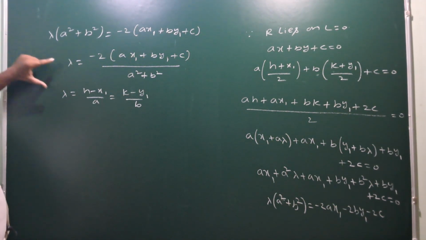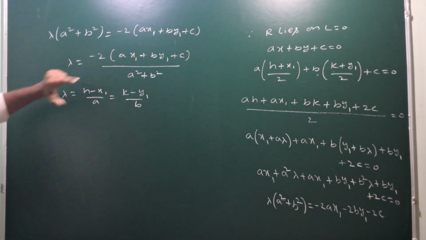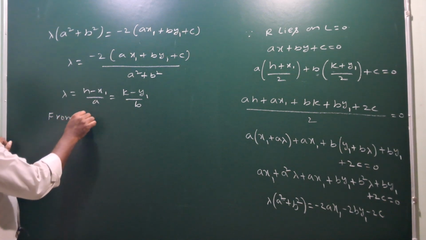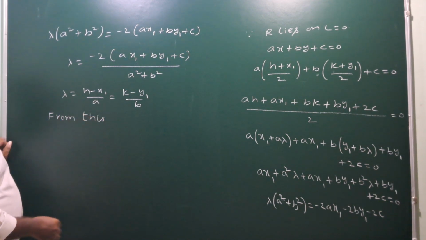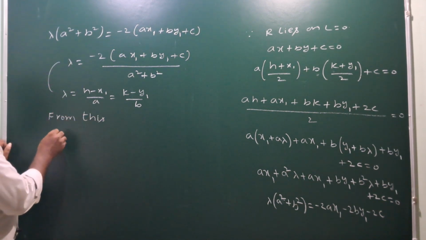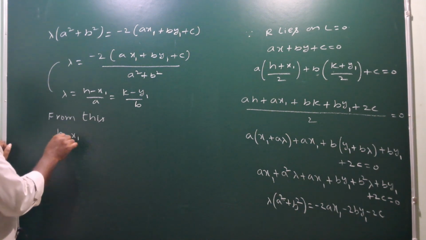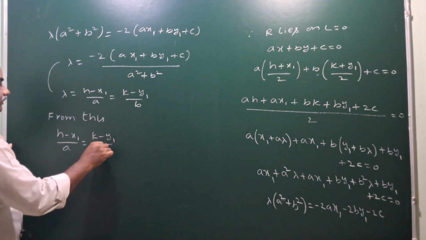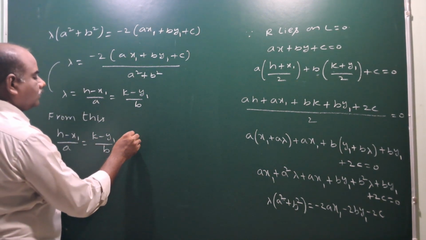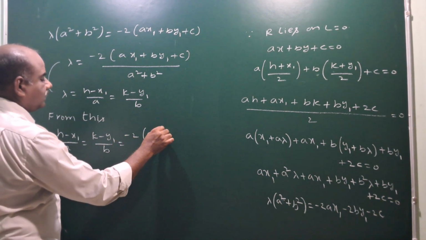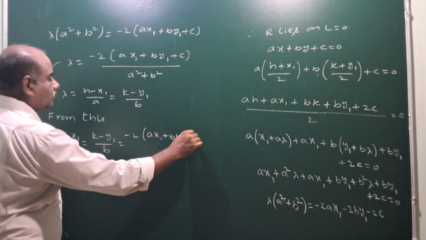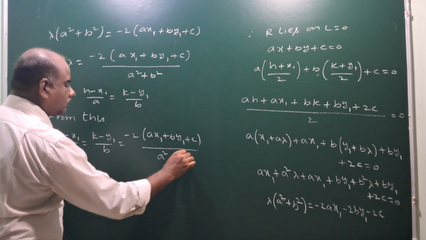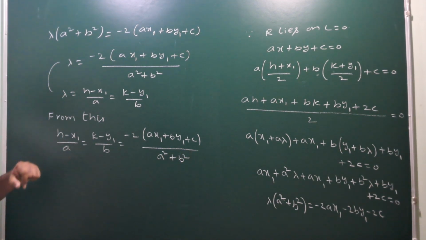So both LHS are equal, therefore RHS are also equal. Okay. So from these two we have the formula like this, (H minus X1)/A is equal to (K minus Y1)/B is equal to minus 2 of (AX1 plus BY1 plus C) by (A square plus B square). Okay. So this is image theorem. Thank you.